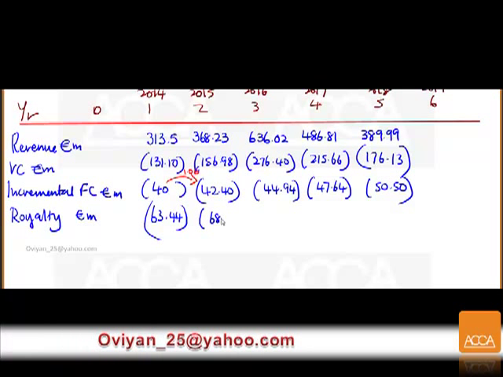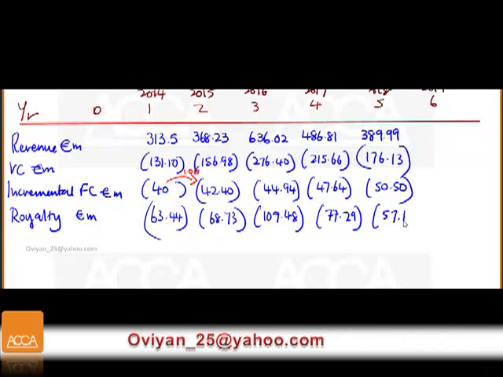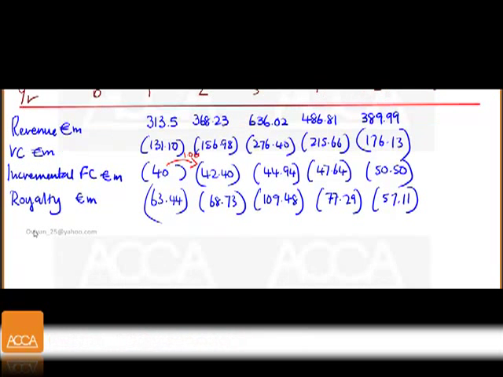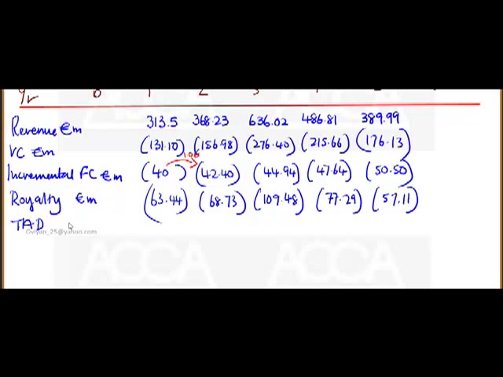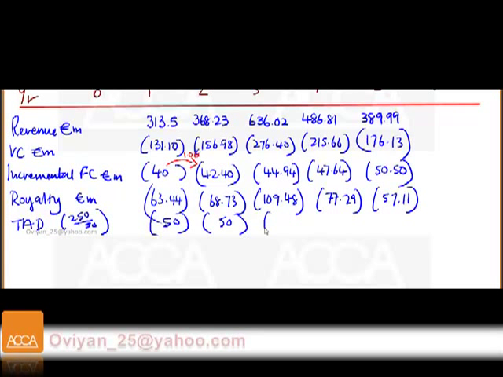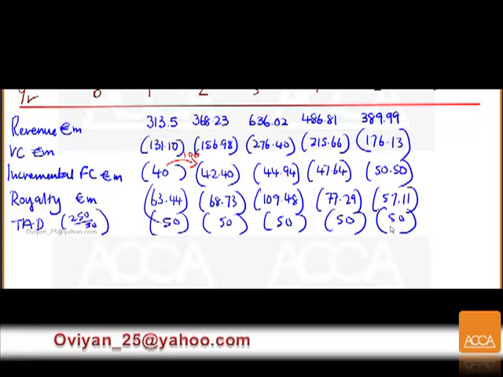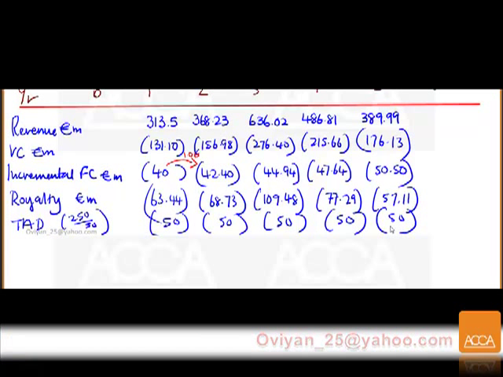And we're going to get here 68.73, and you have here 109.48, here going to be 77.29, 57.11. Of course, you got tax allowable depreciation, which is 250 divided by 5, so 50 each year. This is a non-cash flow. Remember, this is a non-cash flow. We'll use a free cash flow method to add back in a while.